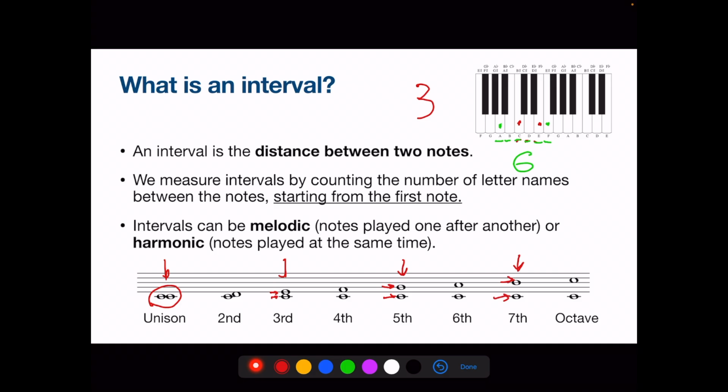So if you're reading an interval and you see that both are either space or line, then you can be sure that it's one of those four. It will be unison, third, fifth, seventh. Or for the rest, you see that one is a space, the other one is a line, like this one, this one, this one, and the octave. Then you can kind of tell, oh, this is not going to be from those unison, third, fifth, and seventh.